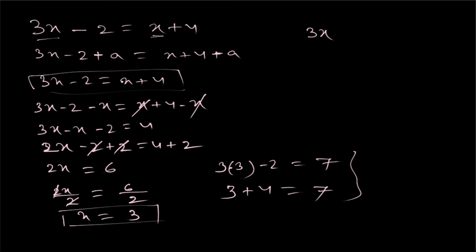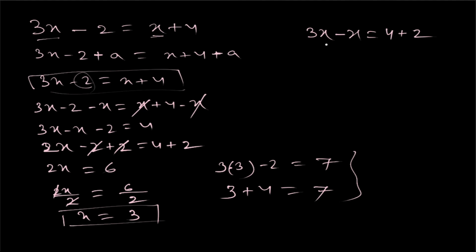Here it is positive, when it goes to the other side, it will be minus x. Or we can say that when the terms change the side, their sign will be changed. Here it was positive, when it goes to the left it will become minus. So 3x minus x is equal to, in the left hand side it was minus 2, when it is brought to the right hand side it will be plus 2, so 4 plus 2.